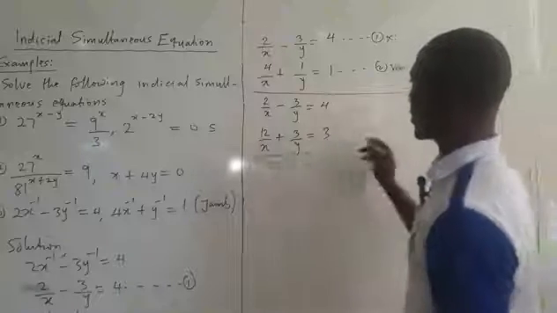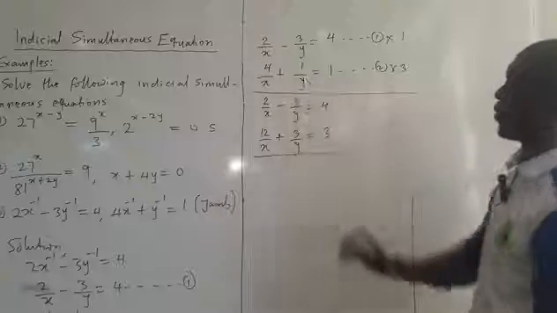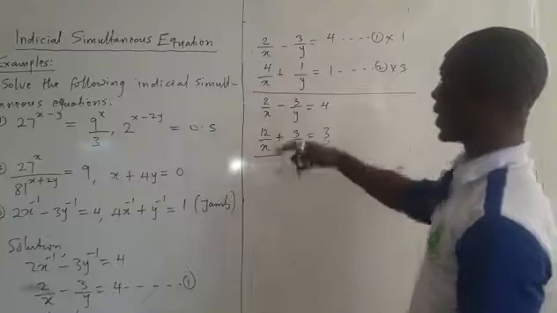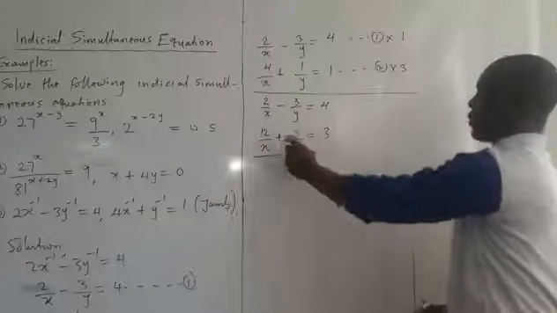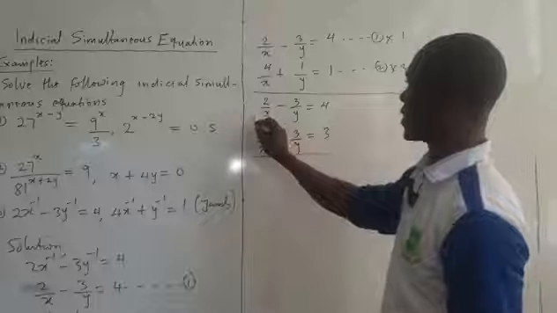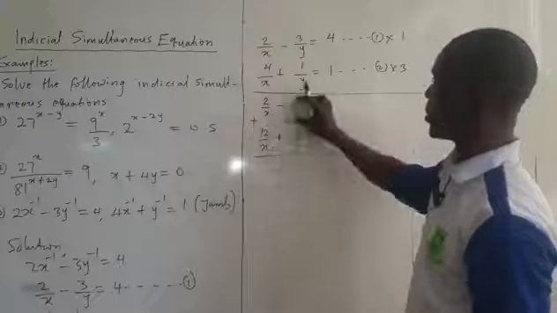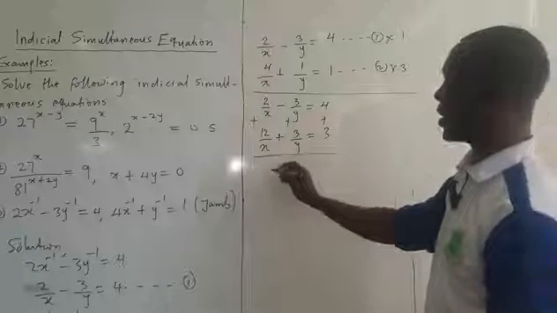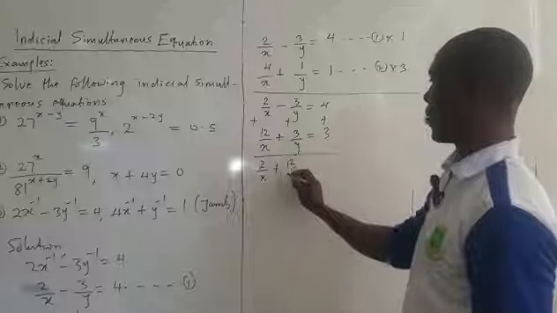If you look at y from equation 1 and 2, we have 3 over y, 3 over y. Now, we consider the sign before them. We have minus and plus. Since we have different signs, we add equation 1 and 2 together. So 2 over x plus 12 over x.